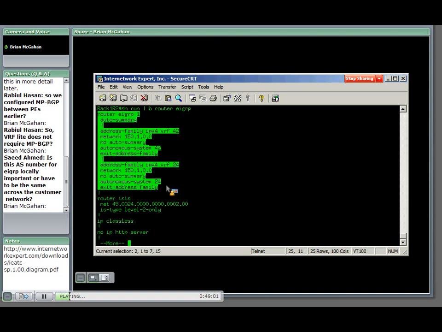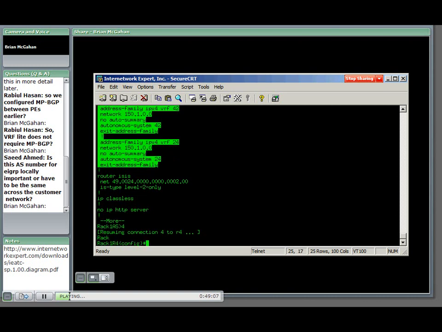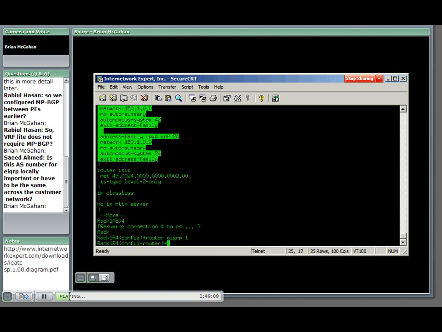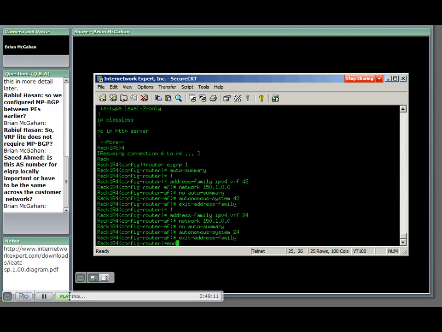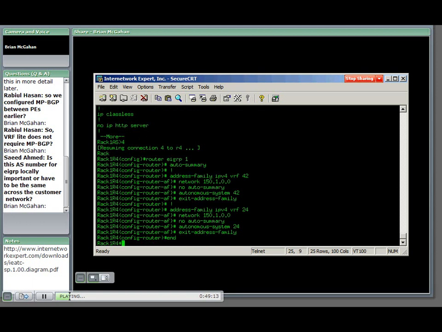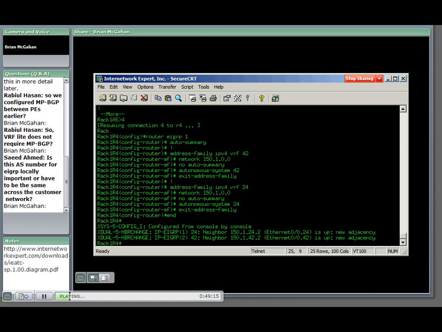Okay, so we'll take the EIGRP process on router 2 and paste the same configuration onto router 4. Now we can see we have two different adjacencies that came up, one on VRF24's interface and one on VRF42.